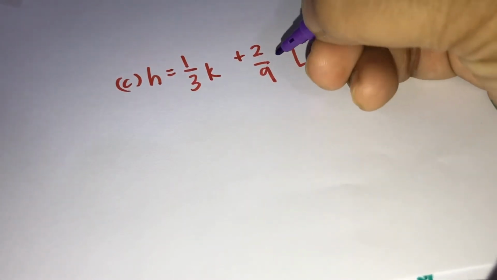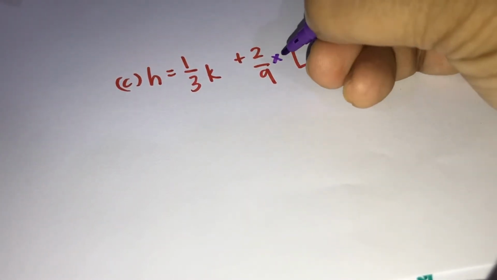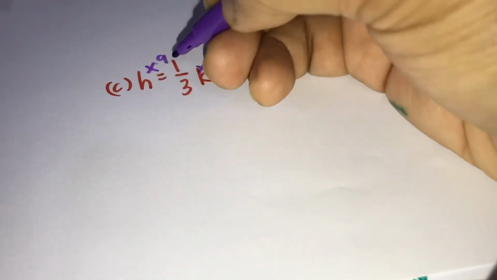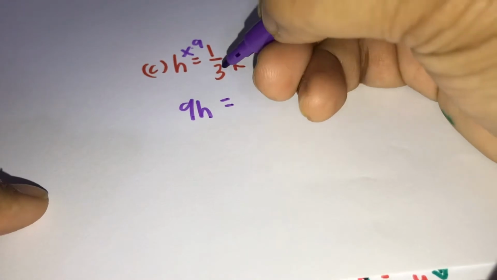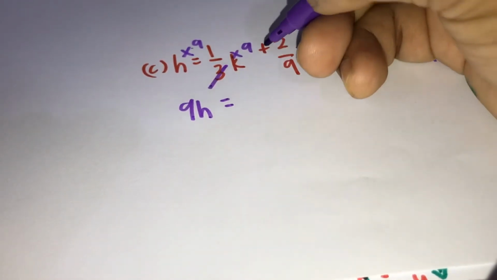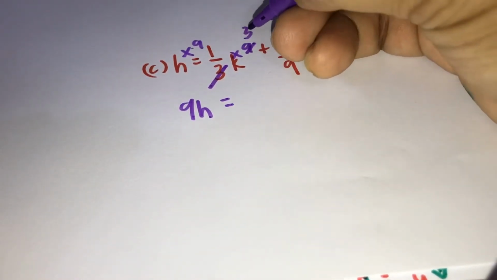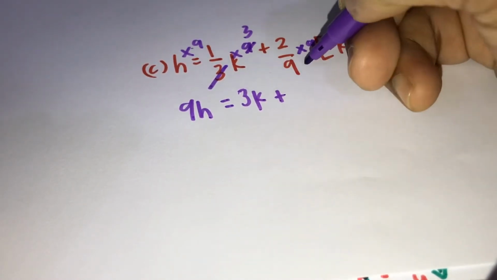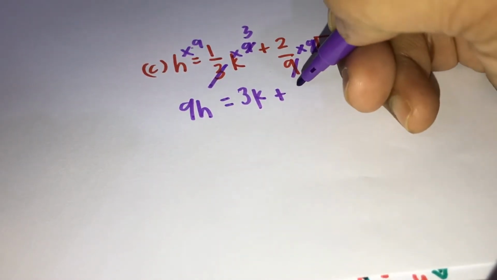So you multiply all by 9. H times 9, you get 9h, equal to, this one you can simplify, 3 times k you get 3k, plus this one can cut, 2.